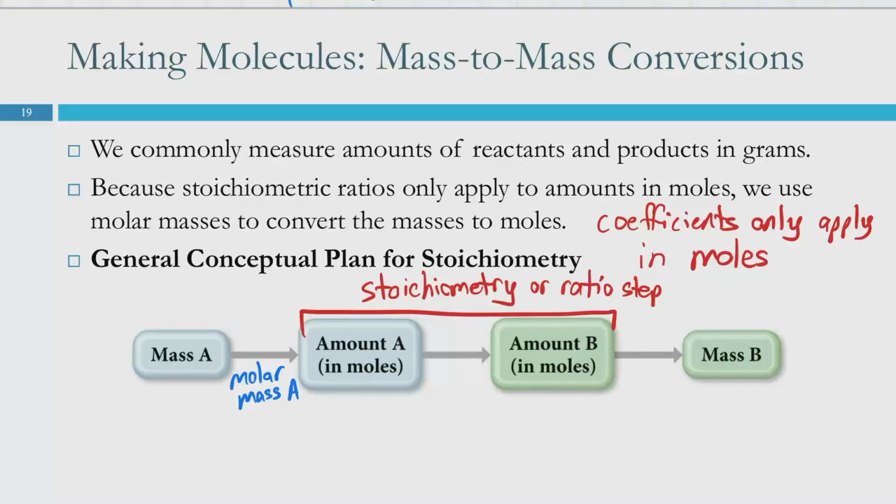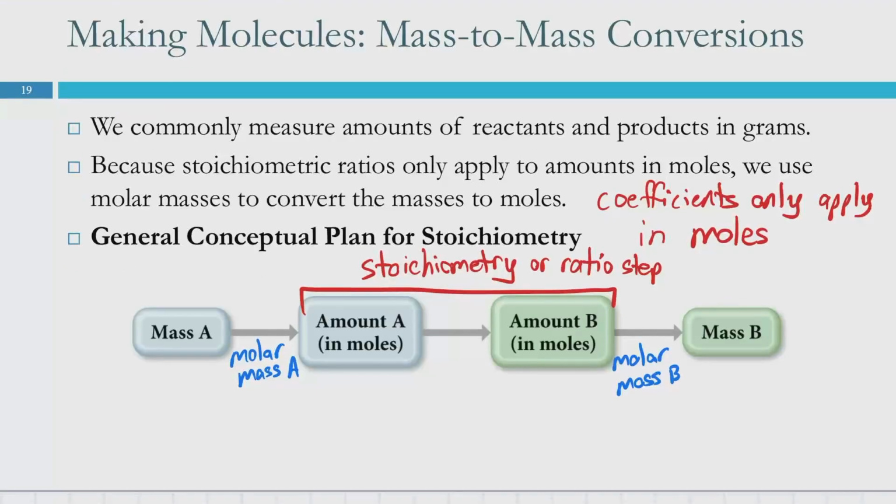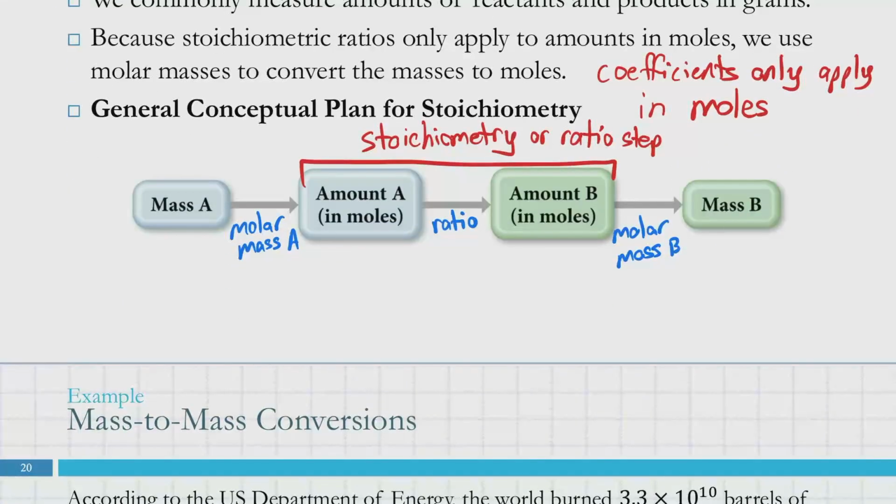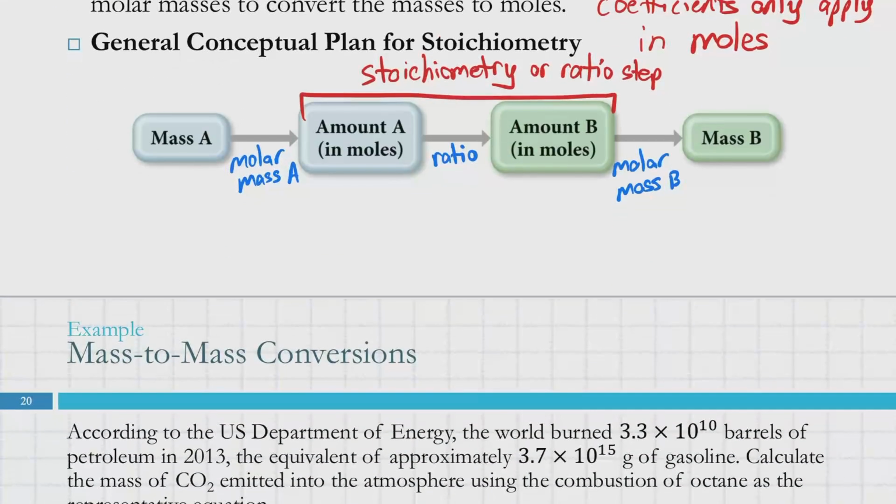So our molar mass for A we're going to use in the front. Our molar mass of B, whatever B is, we're going to be using at the end. This is one of the general forms of calculations that we'll do in the class. There's other things that we can tack on instead of mass at the start or at the end, and we'll get into those details later.